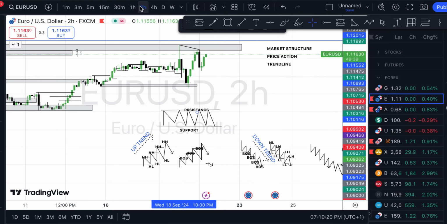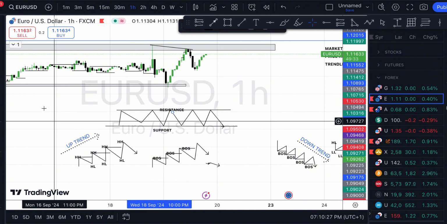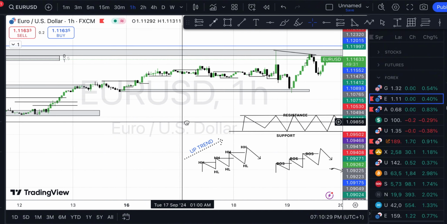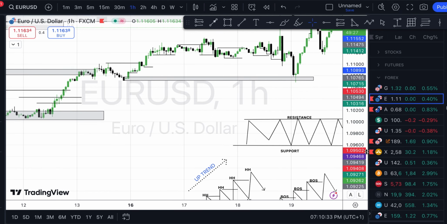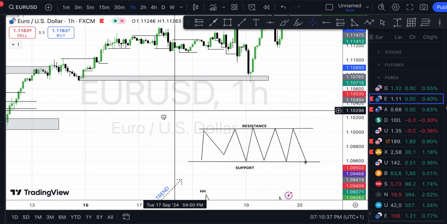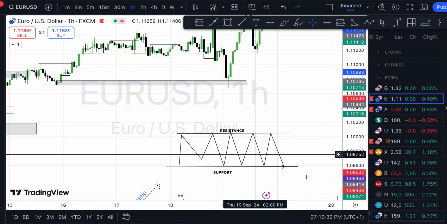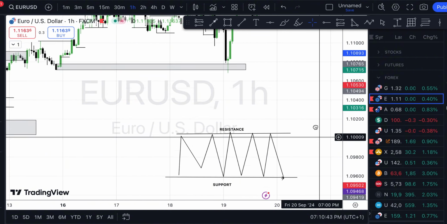We don't trade against the trend. If you trade against the trend and you don't know what you are doing, you might lose money. And in this trading business, any mistake you make, you pay with dollars. That's why you need to trade professionally.